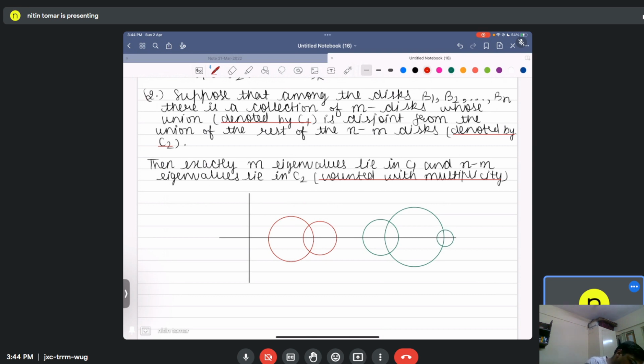If you have a 6 cross 6 matrix, then the picture might be like this.